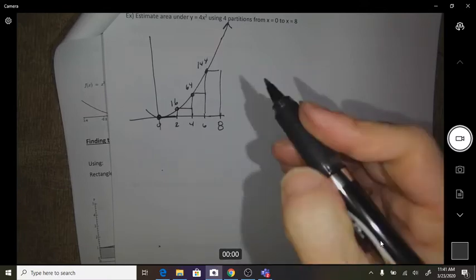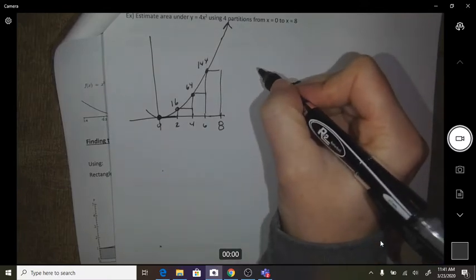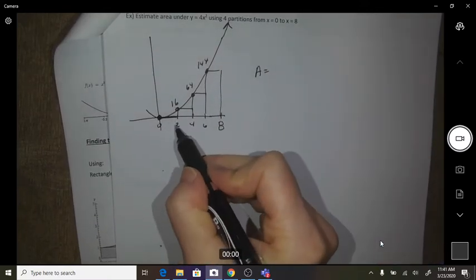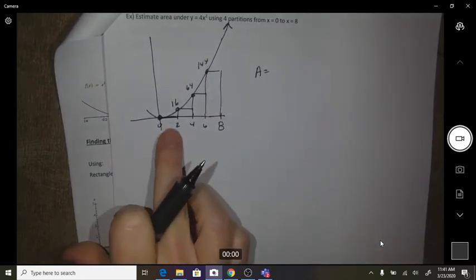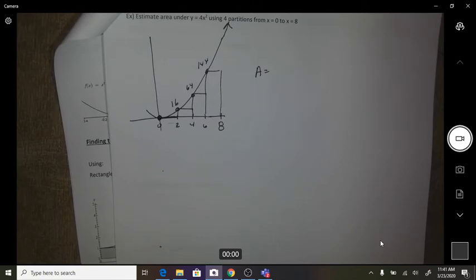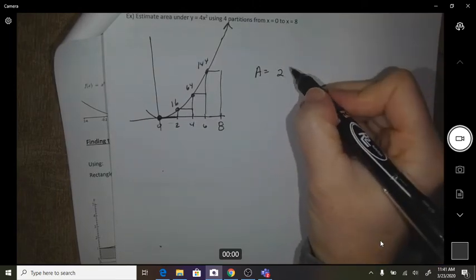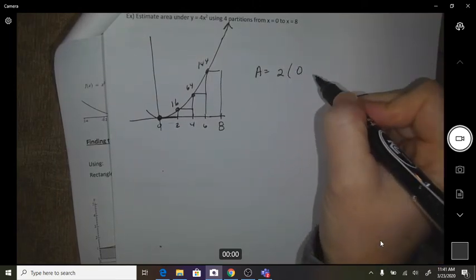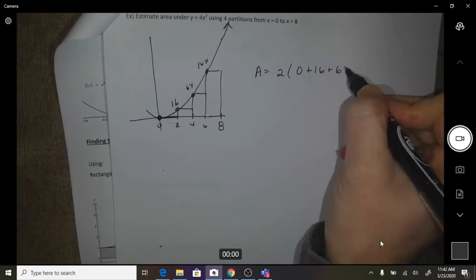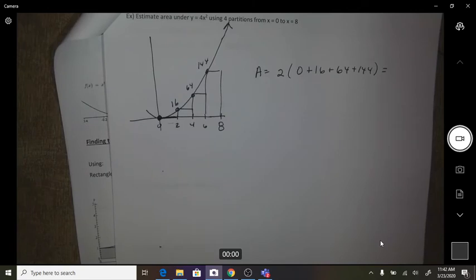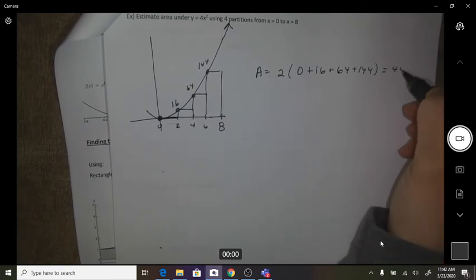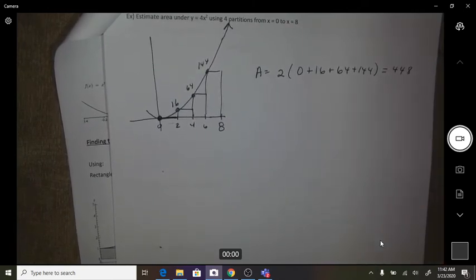Each rectangle happens to again be 2 wide. It's not always going to be that case, but here I'm going to say they're all 2 wide. So the first one is 0, 16, 64, and then the last one is 144. So that's 448, an underestimation.